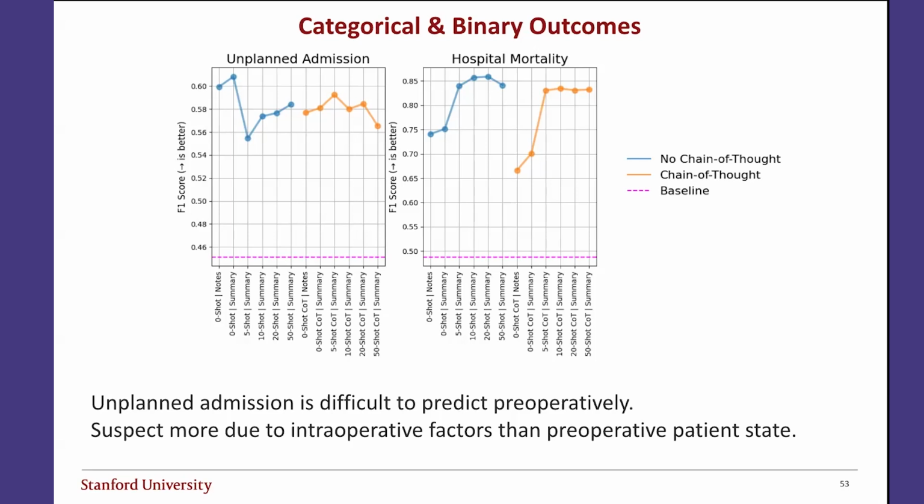And so that's probably why the LLM is not able to predict this task very well. However, they are able to predict hospital mortality, which is whether or not a patient is going to die after surgery and admitted to the hospital. And the F1 score is quite high for this test. So this is also pretty useful clinically.